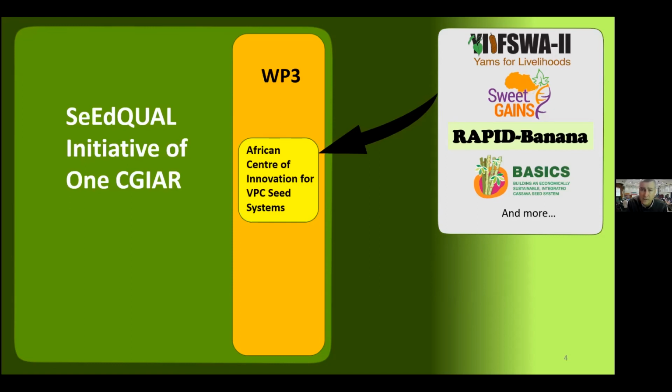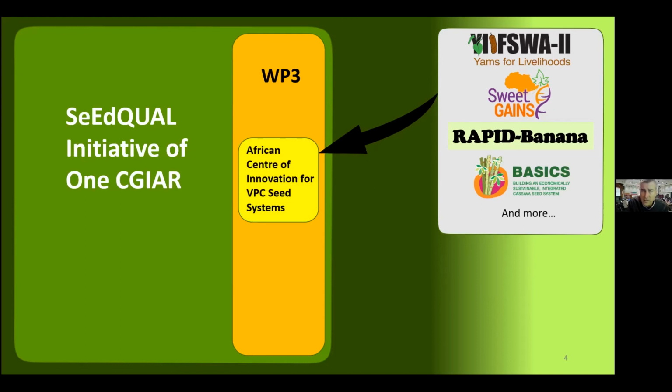Propagated Crop Seed Systems. And it's an attempt to consolidate the lessons learned under the various seed system development projects and put them under a single home where those lessons can be further refined and further research can be done on what are the best ways to build economically sustainable seed systems.